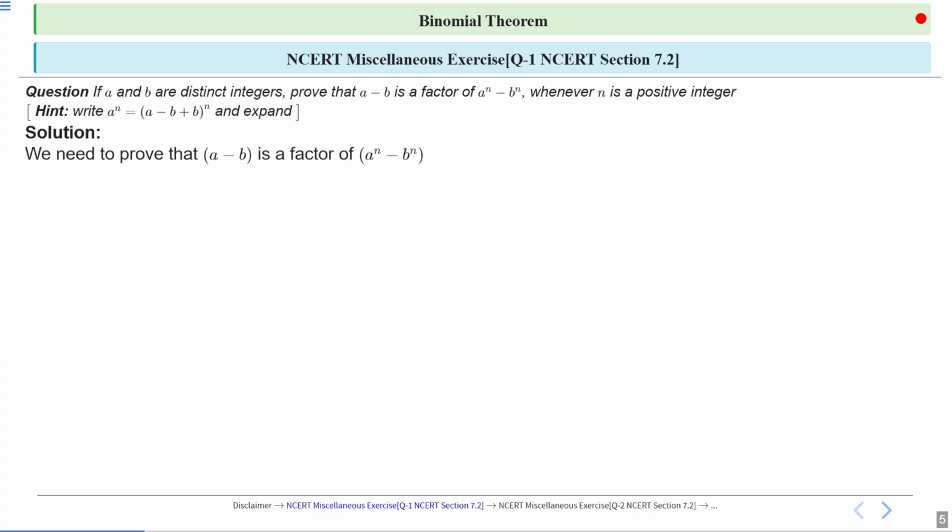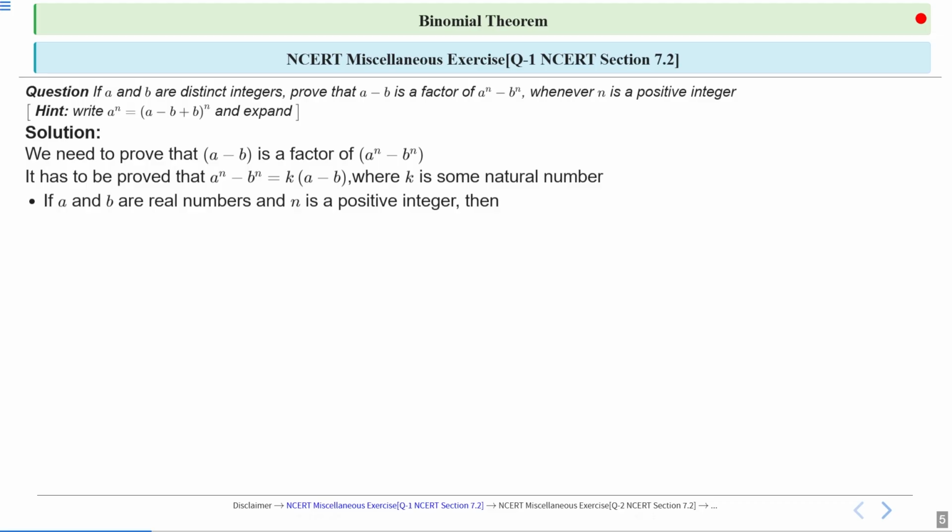We need to prove that a minus b is a factor of a to the power n minus b to the power n. To prove this, we need to show that a to the power n minus b to the power n can be expressed as k times a minus b, where k is some natural number.